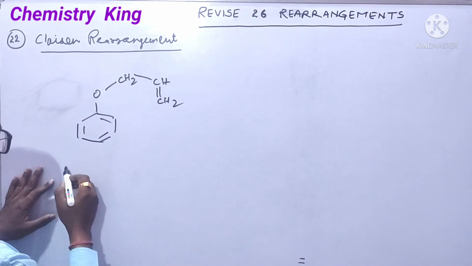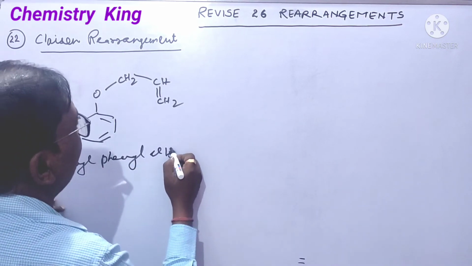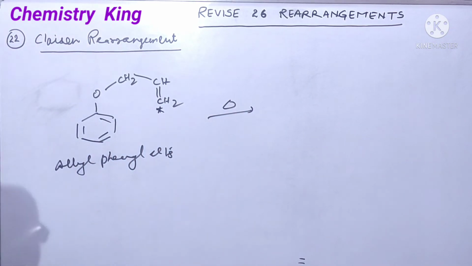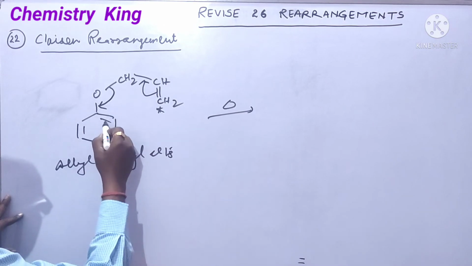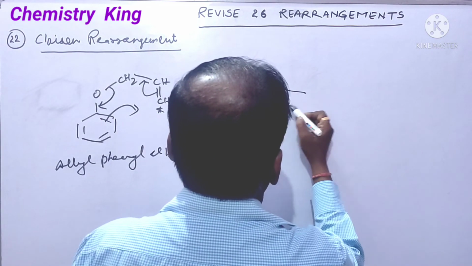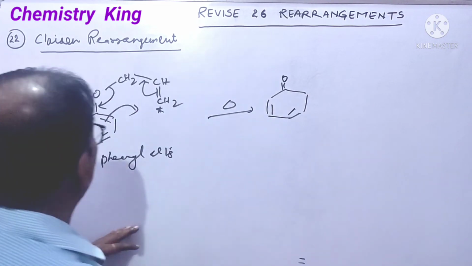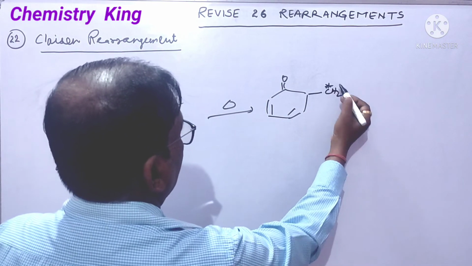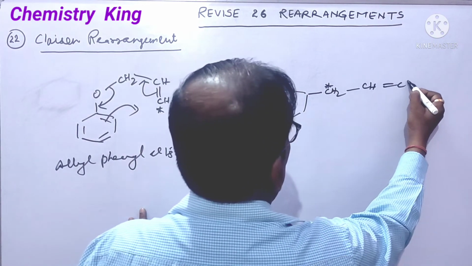When allyl phenyl ether is heated, suppose it is an isotopic carbon, what will happen? It will come here, it will come here, it will come here. So you are getting here double bond O and here CH2 asterisk mark CH2 single bond CH double bond CH2.